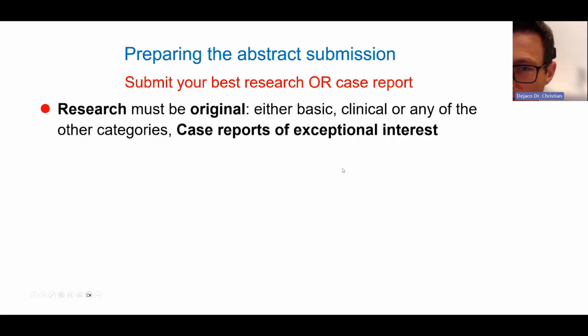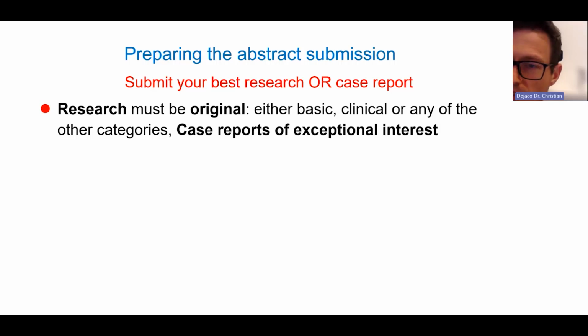However, there are some basics about it. For the research abstracts, there must, of course, be original work. So it's either basic science, translational science, clinical science, or any of the other categories, like also HPR or PARE.